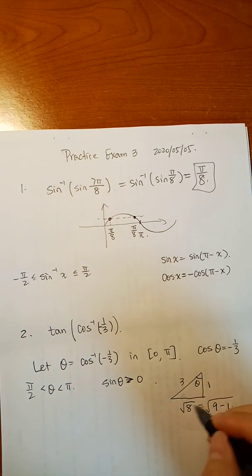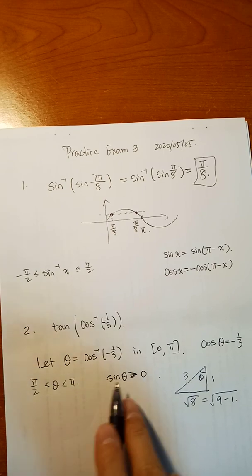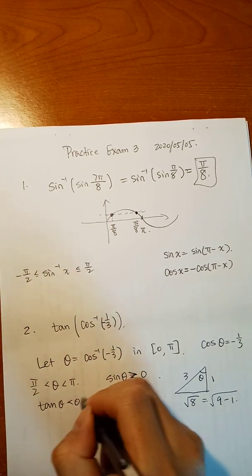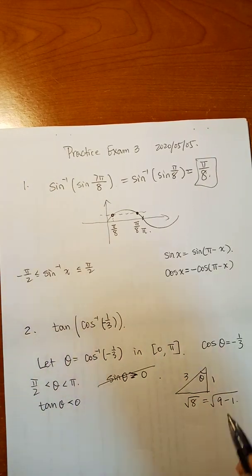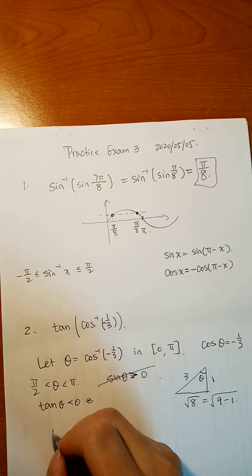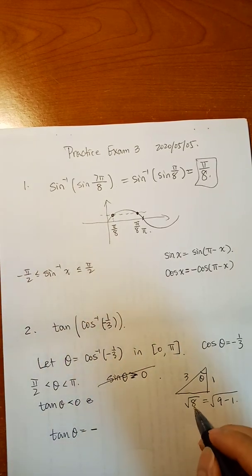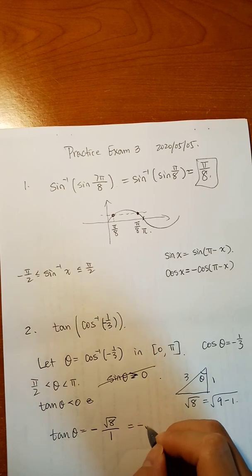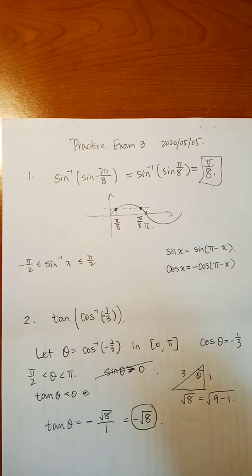And in the second quadrant, tangent is negative. So after you determine the square root of 8, tangent theta is negative, so put a negative sign here: opposite over adjacent.